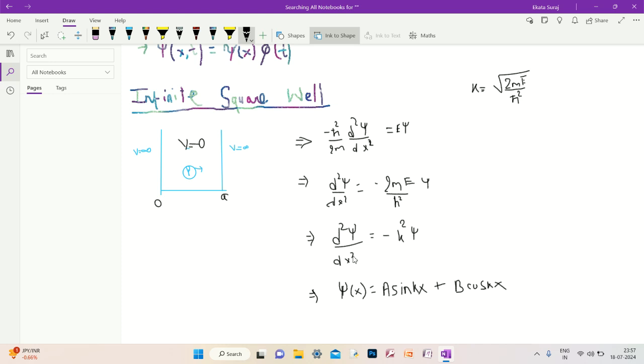So now let's focus on its solution, psi x is equal to a sine kx plus b cos kx. This is the particular solution of this Schrodinger wave equation.